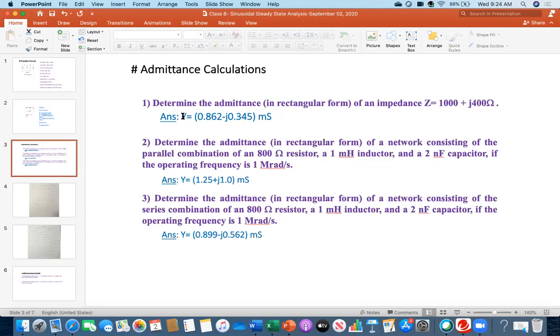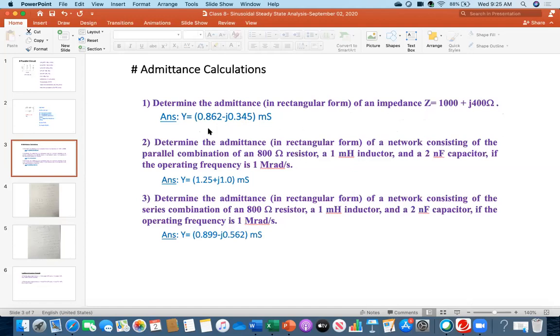The first problem: determine the admittance in rectangular form of an impedance Z equal to 1000 plus j400 ohm.